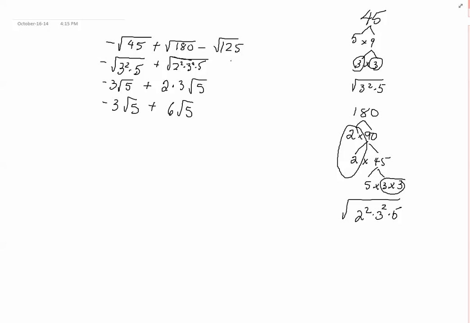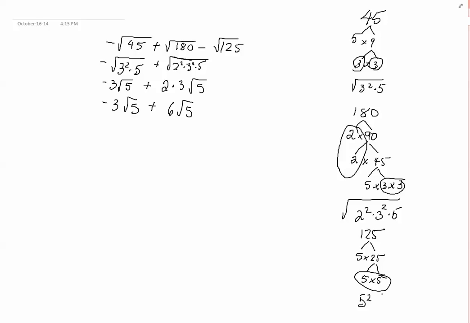And now we need to simplify the square root of 125. So 125 is divisible by 5, so we have 5 times 25. 25 factors into 5 times 5, and so we have 5 squared.